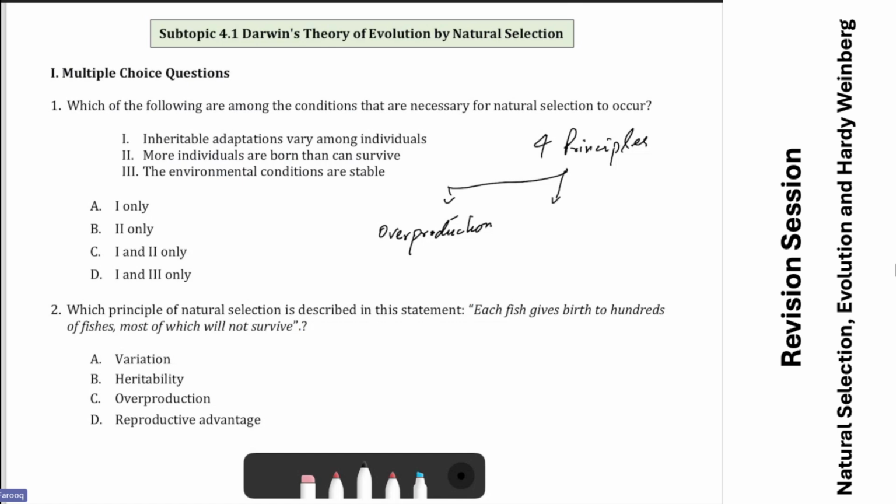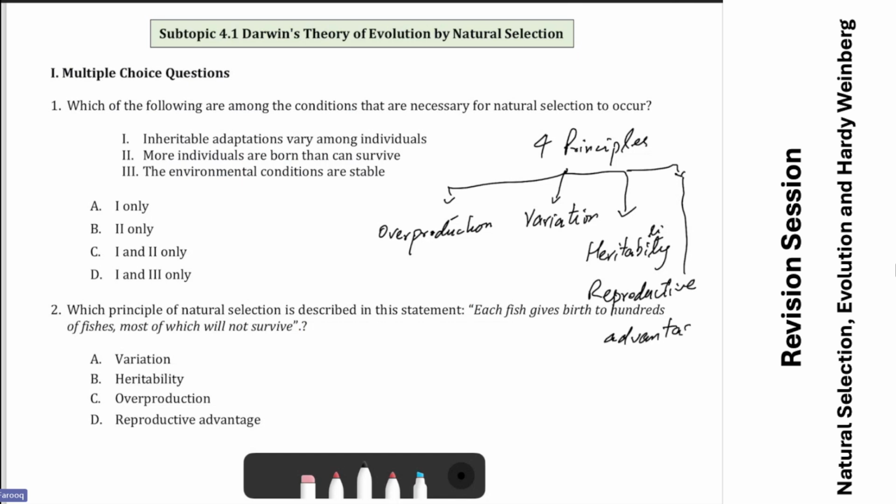Then number 2, heritability, or you can say overproduction leads to variation, and then variation leads to heritability, and then this heritability leads to the last one, that was reproductive advantage. So these are the 4 principles. Always remember these 4 principles in your mind so that you can answer the questions whatever they ask from you.